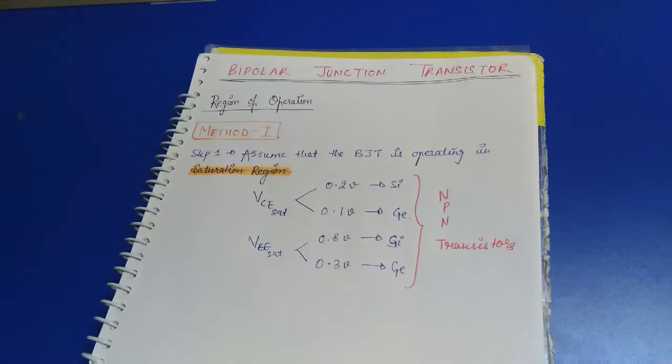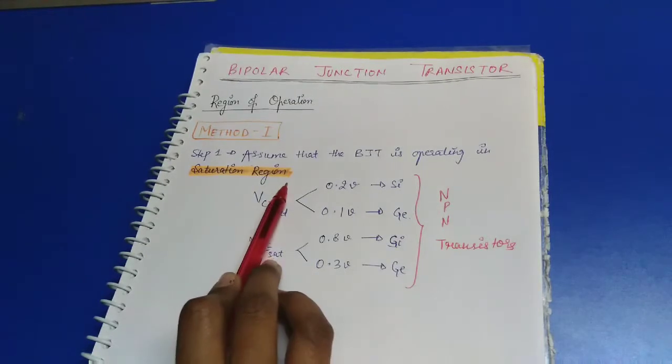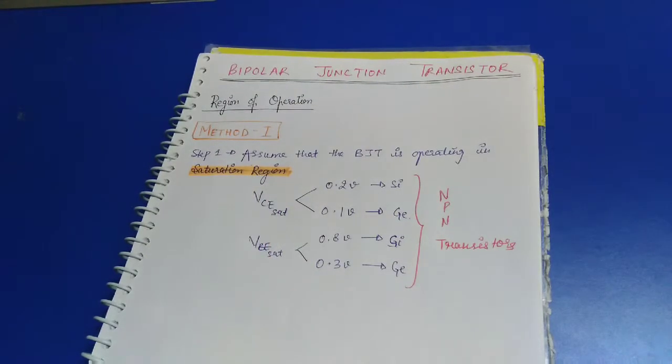Step 1 says assume that the BJT is operating in the saturation region. Whatever circuit is provided, you have to assume that the BJT is working in saturation mode. Then, if the BJT is in saturation mode, we have some standard values of VCE and VBE.